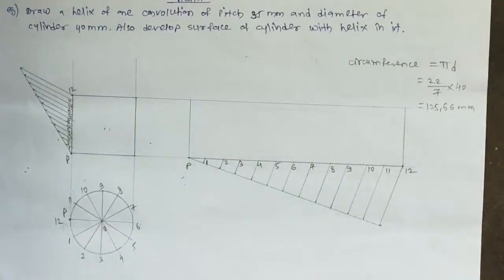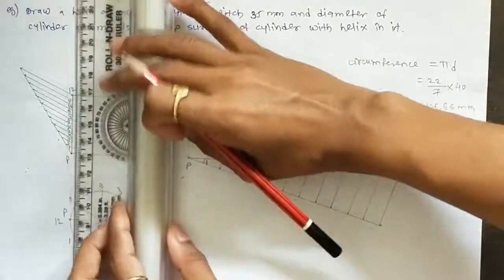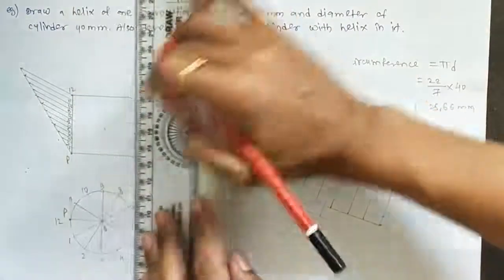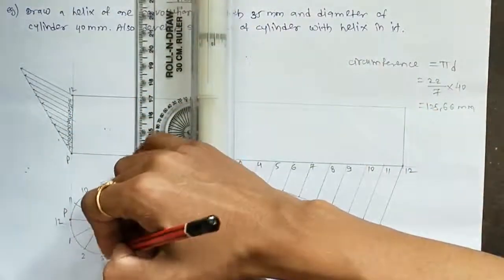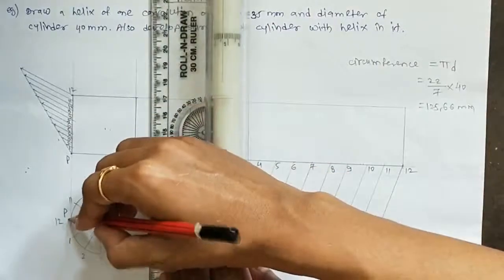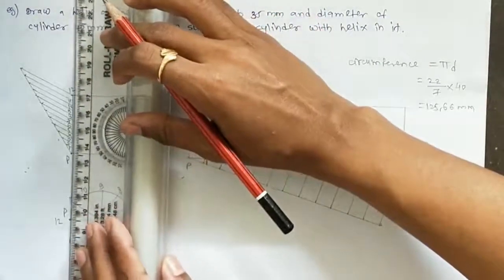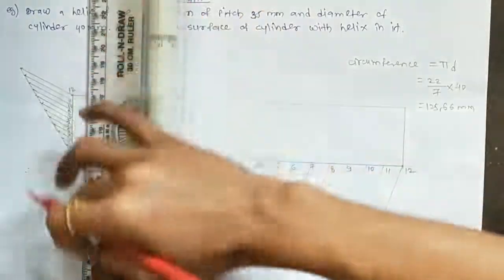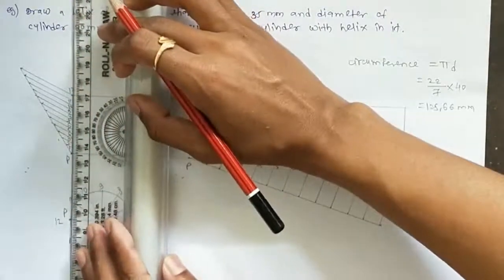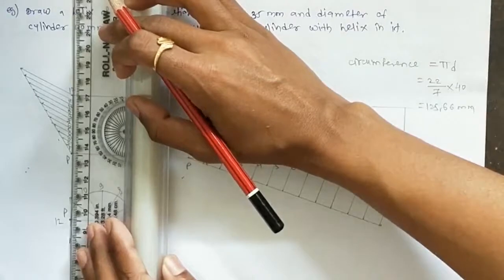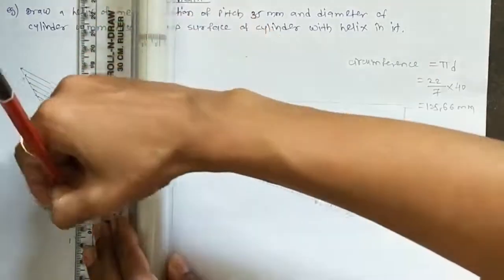Now next task is draw a vertical line from 1, 2, 3 up to 12 points. Take parallel line to this line. Draw a line from all the points.